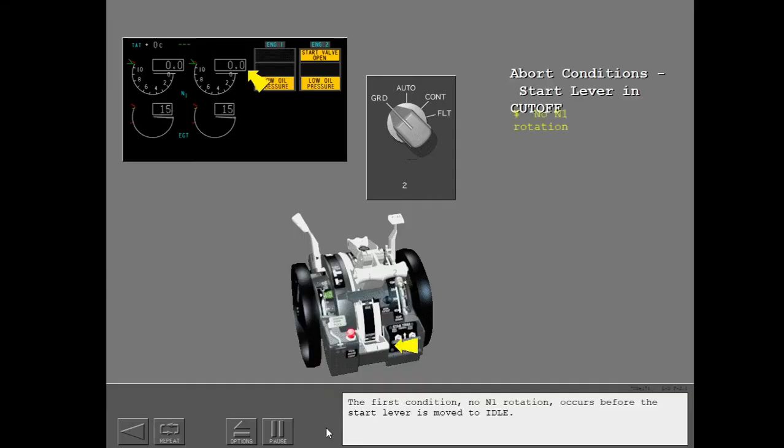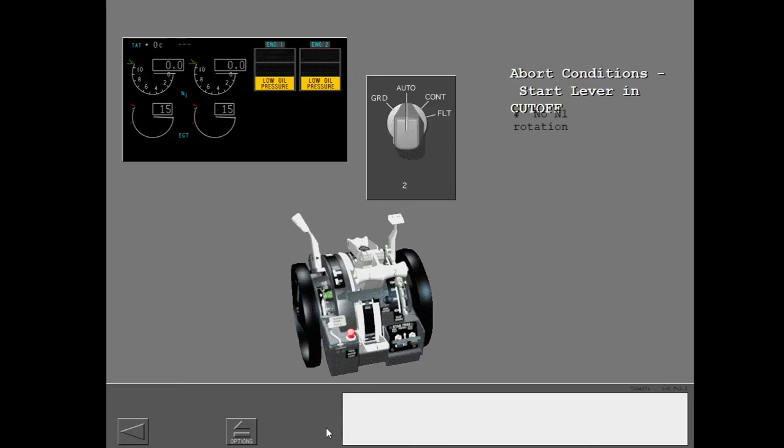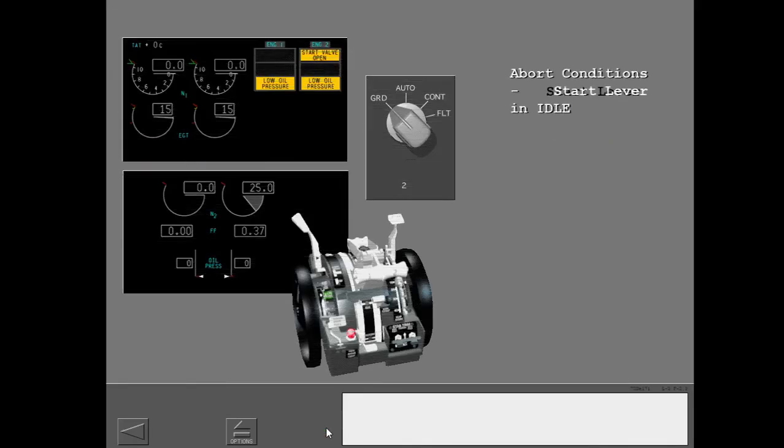The first condition, no N1 rotation, occurs before the start lever is moved to idle. When this condition occurs, the engine start switch is moved to auto. Three abort conditions occur after the start lever is moved to idle.